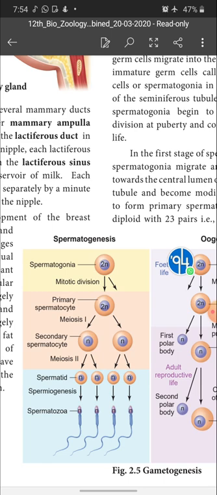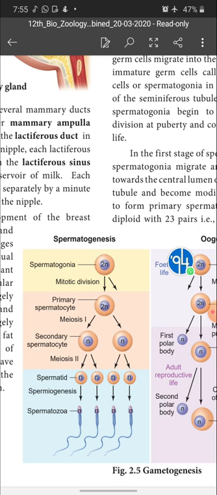This secondary spermatocyte undergoes meiosis 2 division and forms spermatid. Spermatid undergoes spermiogenesis and forms the spermatozoa.